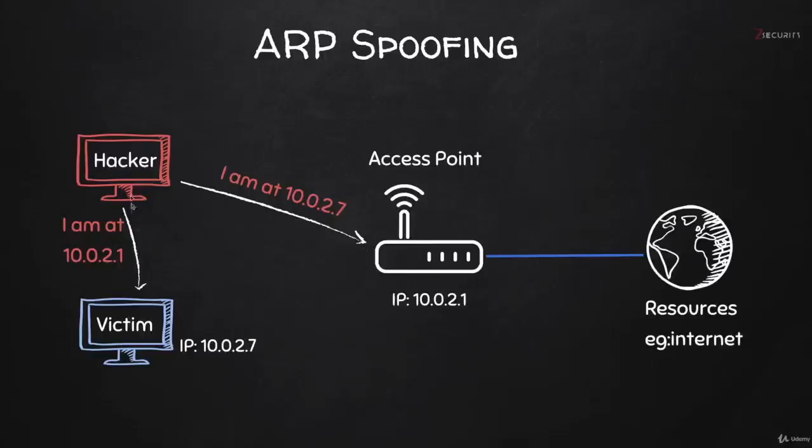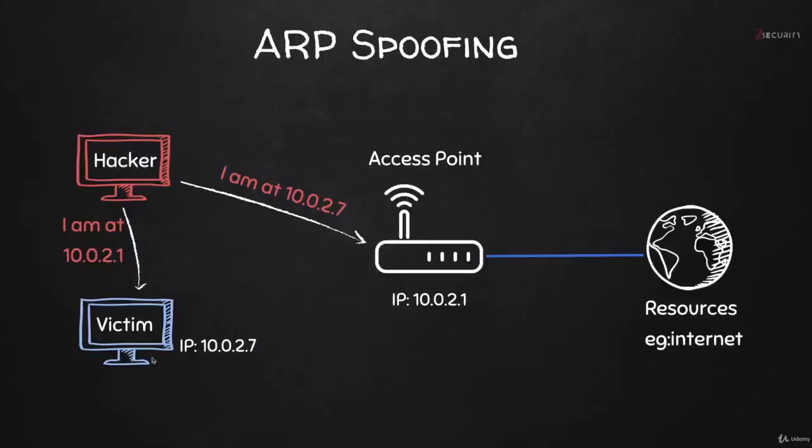We'll do the same with the victim, so we'll send it an ARP response. We're going to tell it that I am at 10.0.2.1. So it's going to update its ARP table and associate the IP of 10.0.2.1 with my own MAC address.